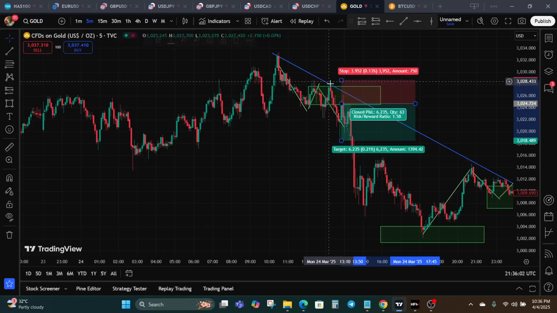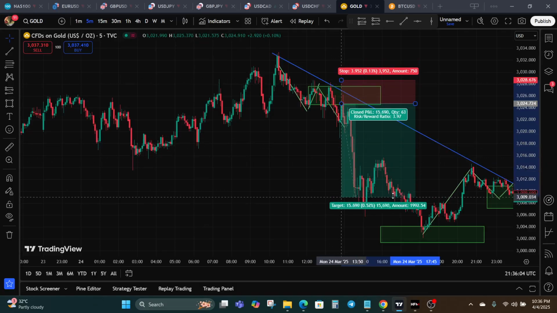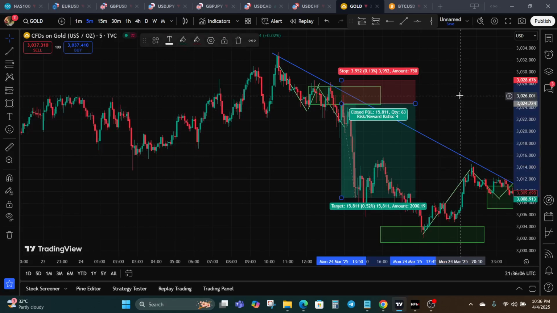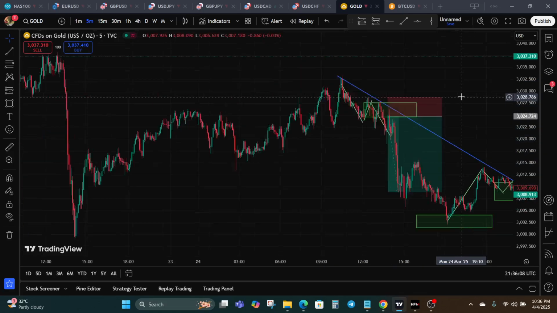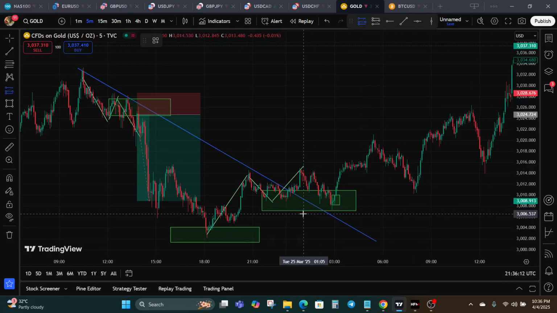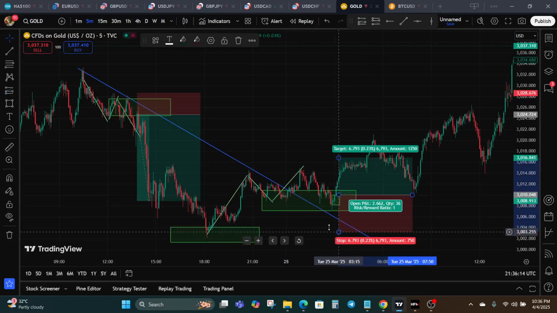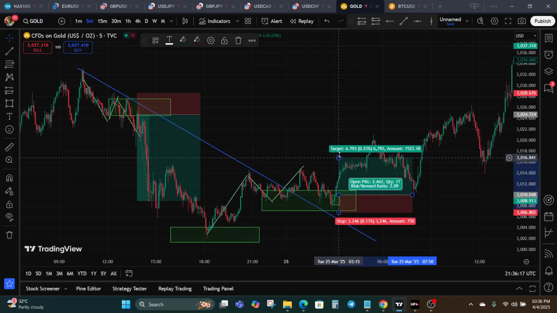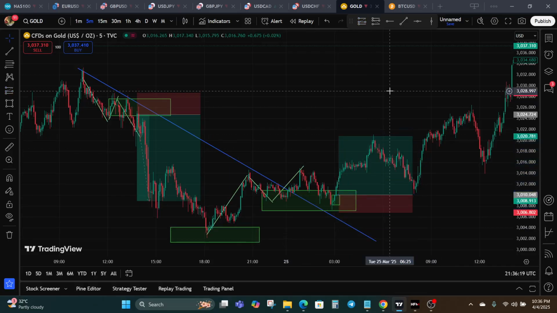Stop loss above swing high, take profit. You can trail your take profits or use key support zones. In this case, for a buy, stop loss below swing low, you can trail your take profit or use key resistance zones.